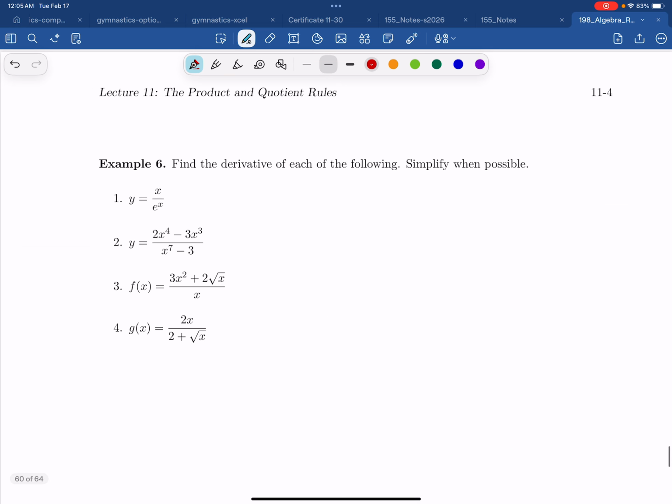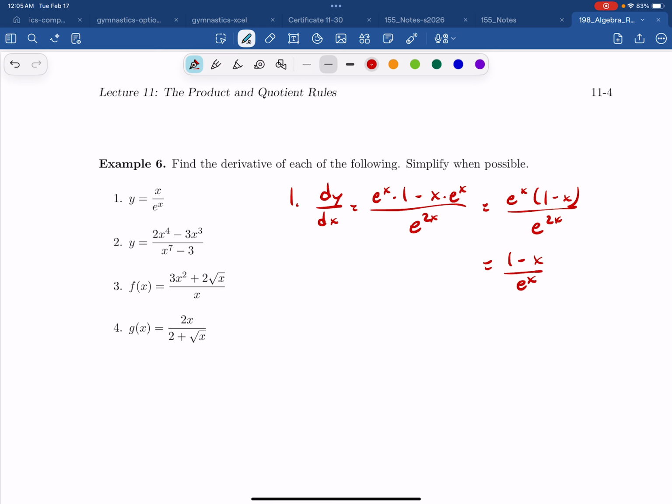Okay? So let's do a couple of examples here, right? Here we have, for one, dy over dx equals low d high minus high d low, because e to the x is its own derivative, all over low squared. And if you wanted to simplify this, you could: e to the x times 1 minus x all over e to the 2x. And we can actually simplify this a little bit more and just have 1 minus x over e to the x.